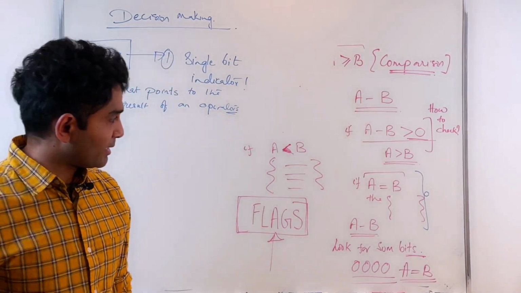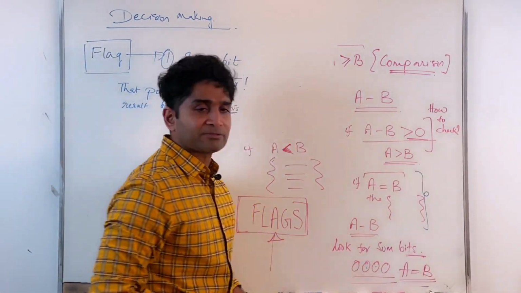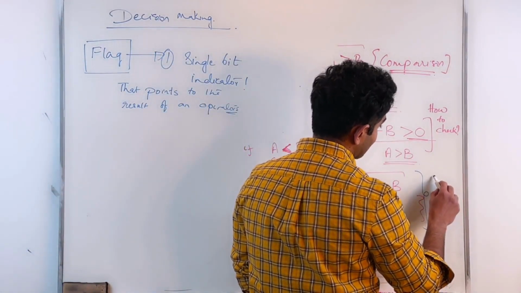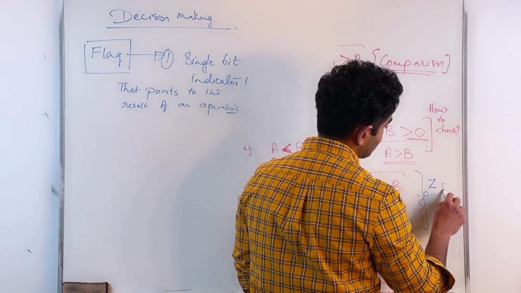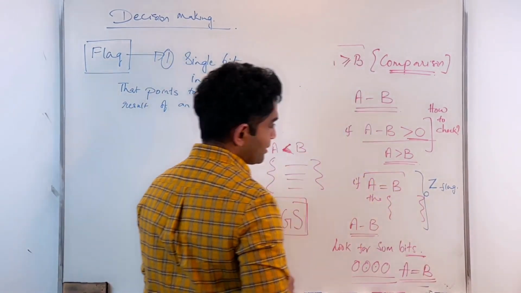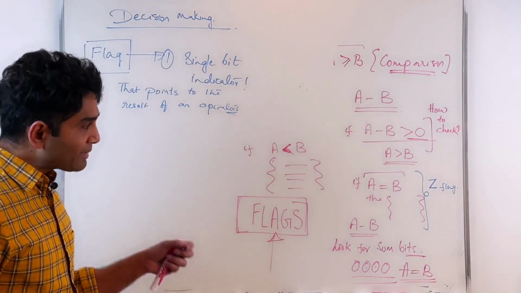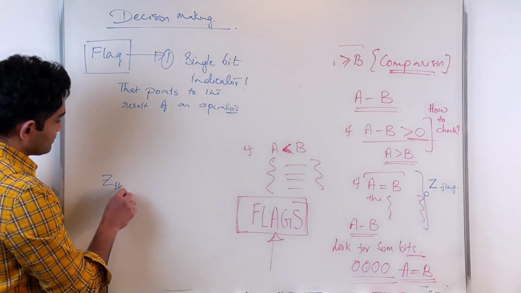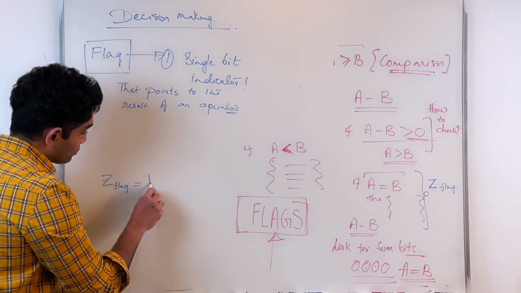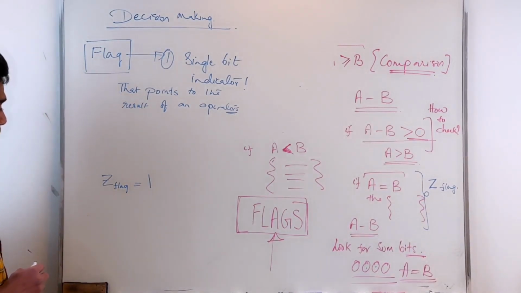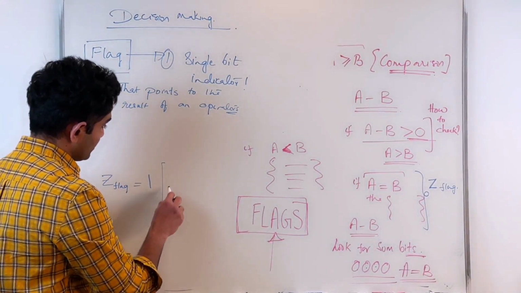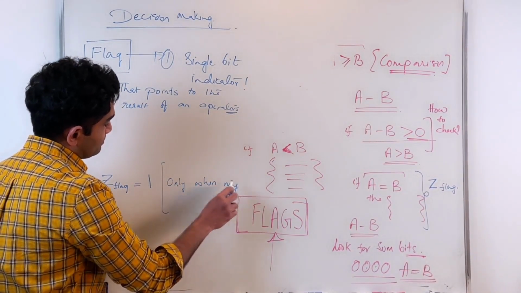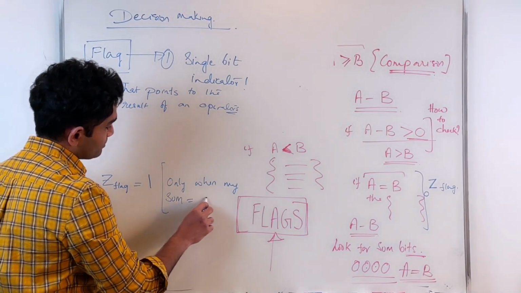In other words, if I want to check for this condition, I will configure a flag called a zero flag. Instead of checking each individual bit to see if it's 0, I'll configure a single bit flag called the zero flag, Z flag. I will implement that flag at the hardware level such that my Z flag is true only when all the sum bits are zeros.